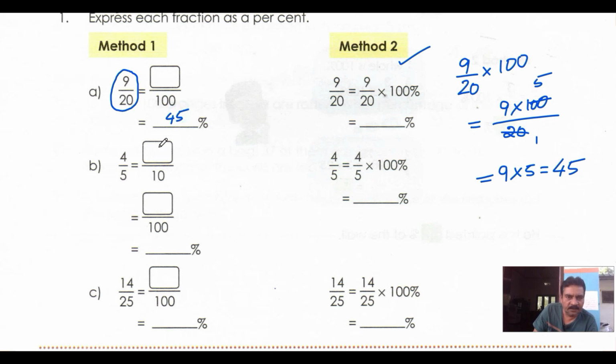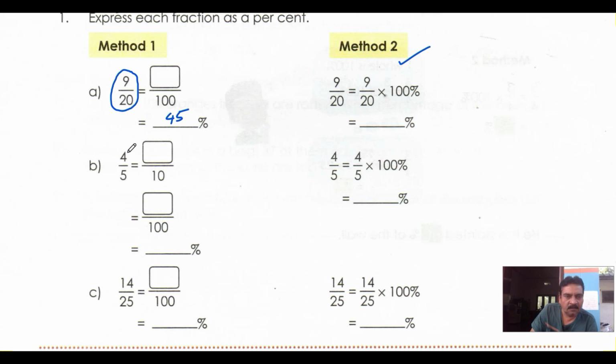In the same way, when you go to this 4 by 5, I'll do it here. 4 by 5 multiplied by 100, that's all. Then it becomes 4 into 100 by 5. 5 1s are 5, 5 2s are 10 and this is 0.